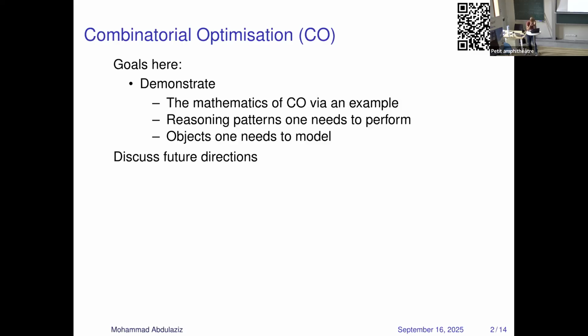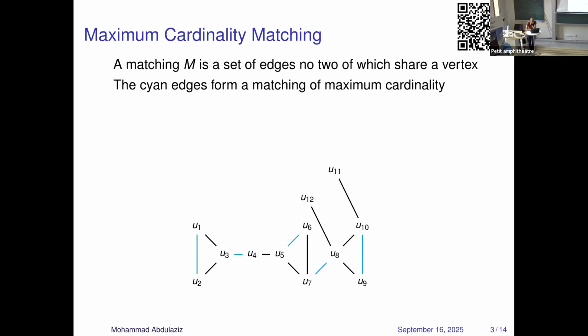I want to tell you about the types of reasoning patterns and reasoning principles that you might want to formalize, and the types of objects that you might want to represent there. And also briefly discuss future directions of the library.